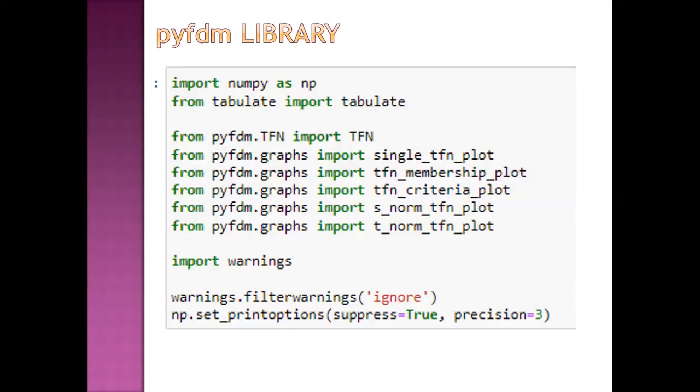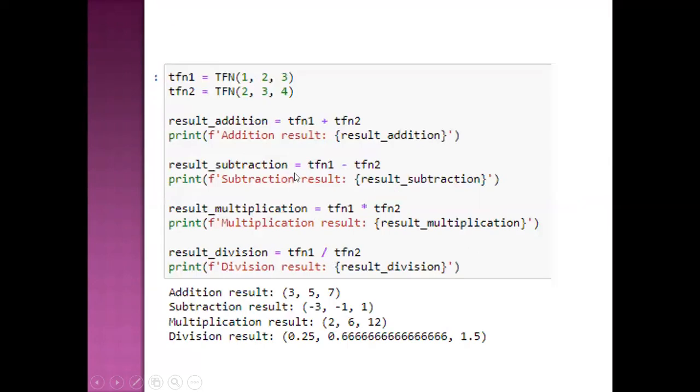I will describe the utilization of package PyFDM, and this is the import of various libraries. So these are addition, subtraction, multiplication, and division operations of triangular fuzzy numbers. They are defined as these. These are the results.